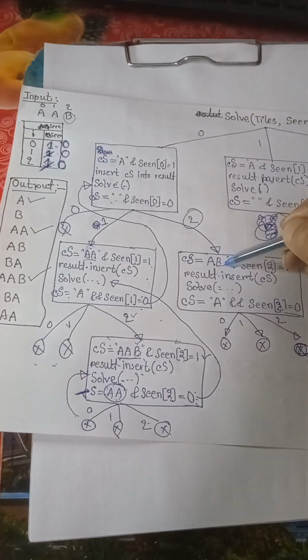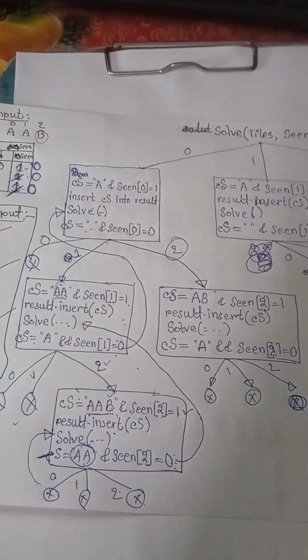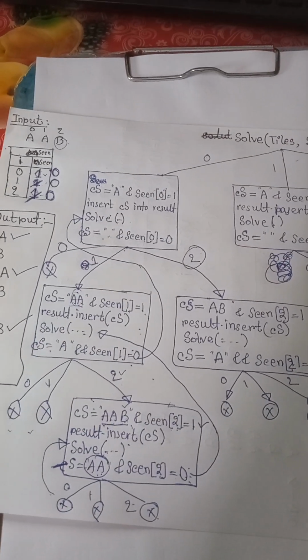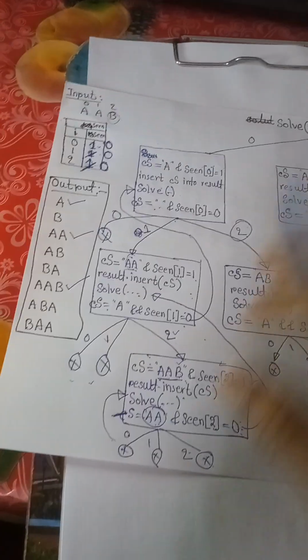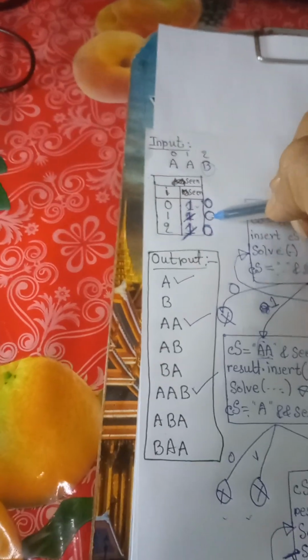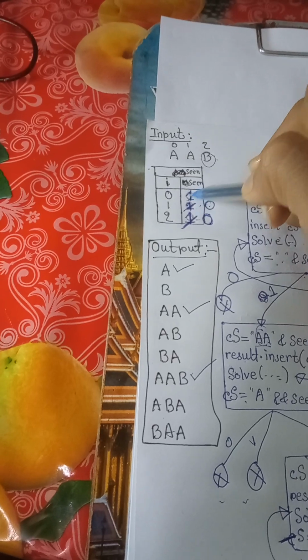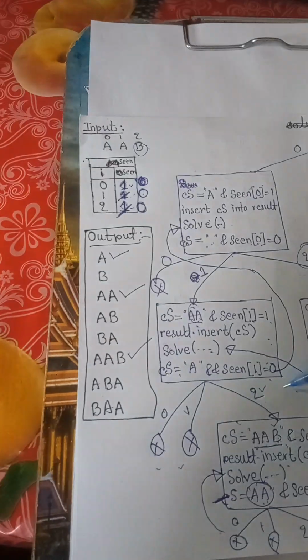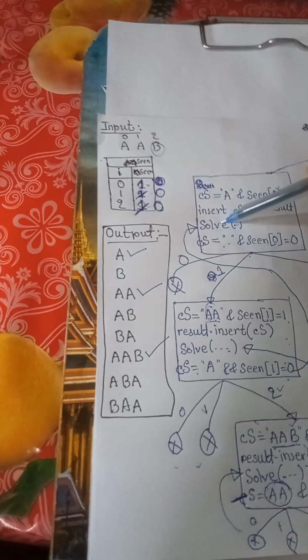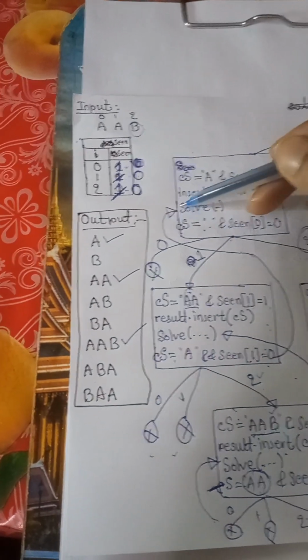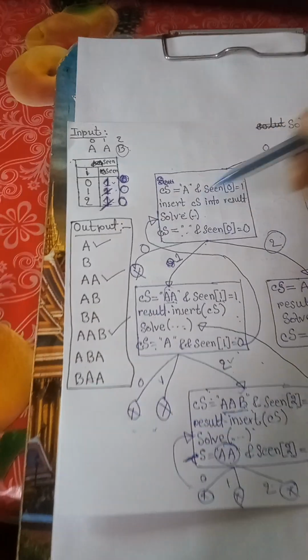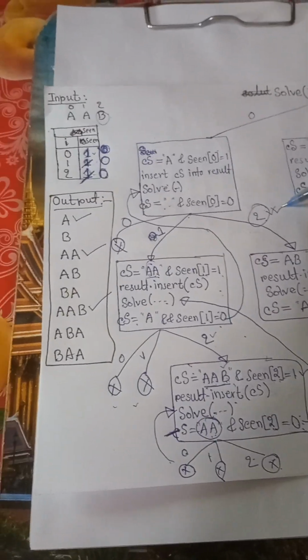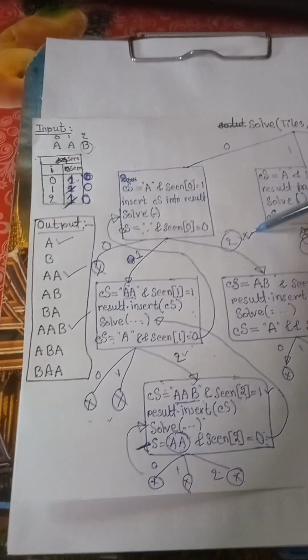And here my current string becomes AB. Here my seen[1] becomes 0. My seen[0] is 1. Seen[1] becomes 0. I am going to this function. While I am going here, this iteration is left.